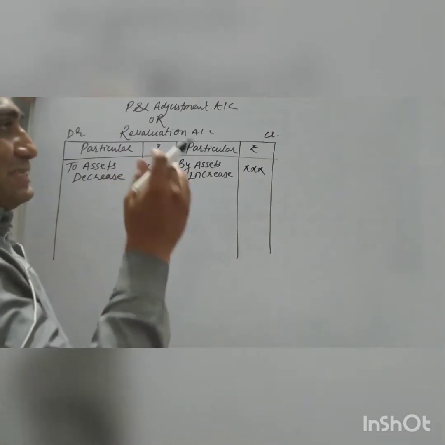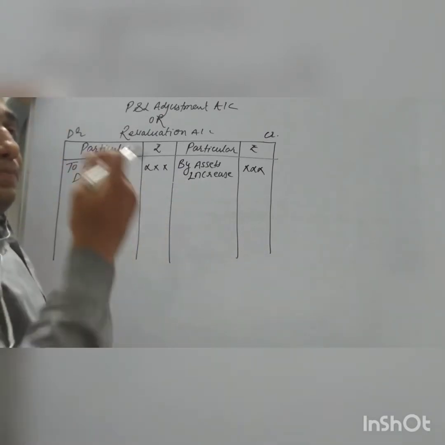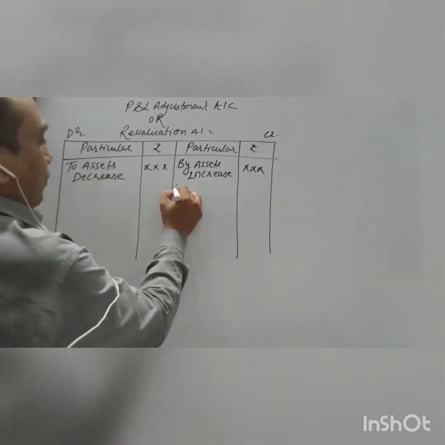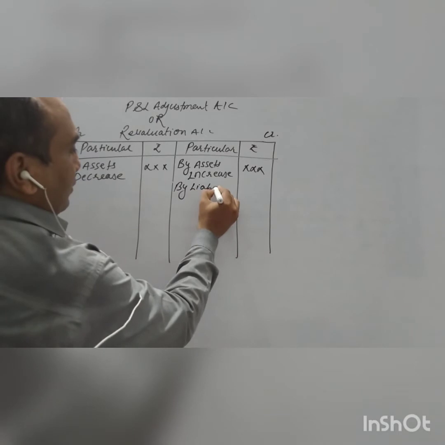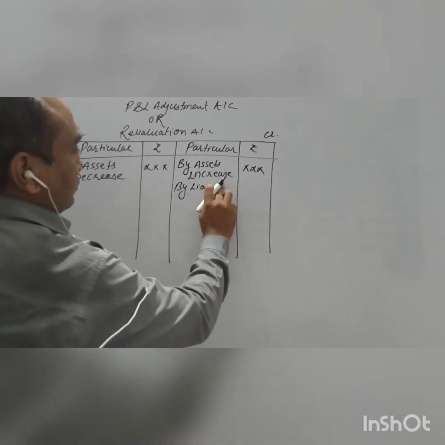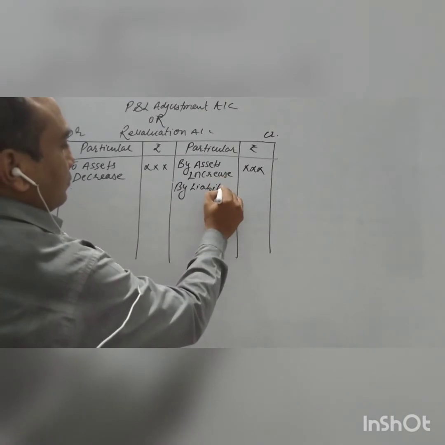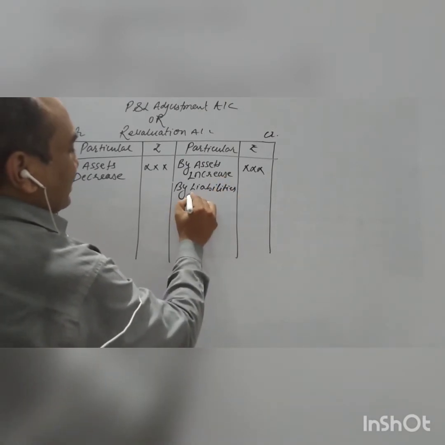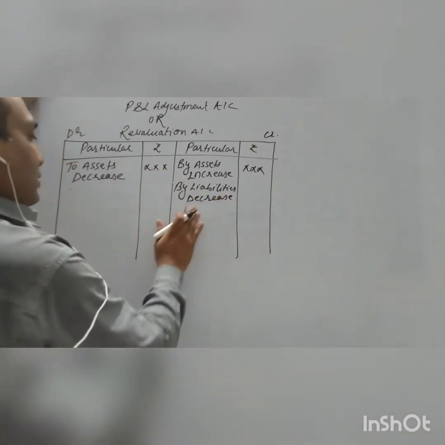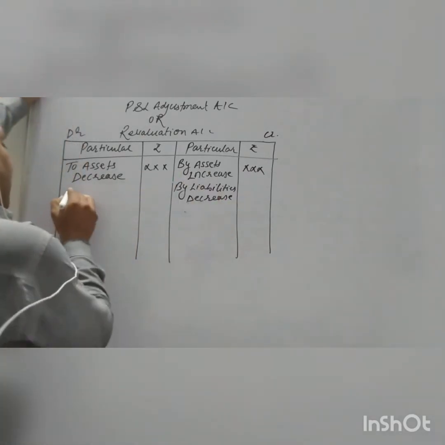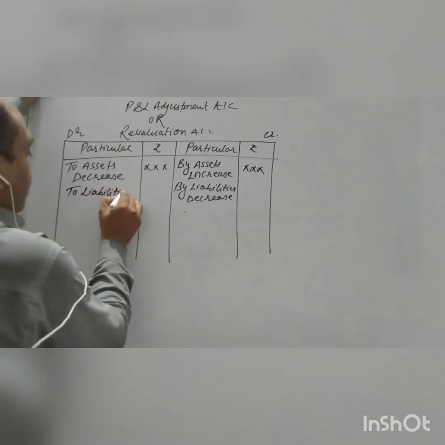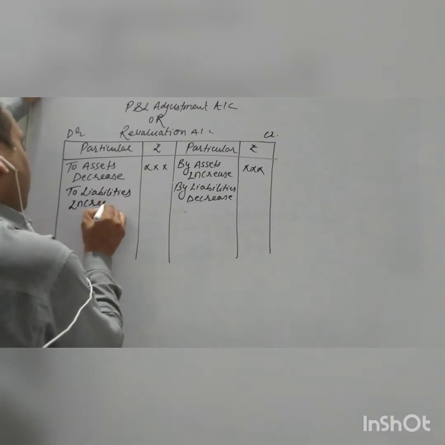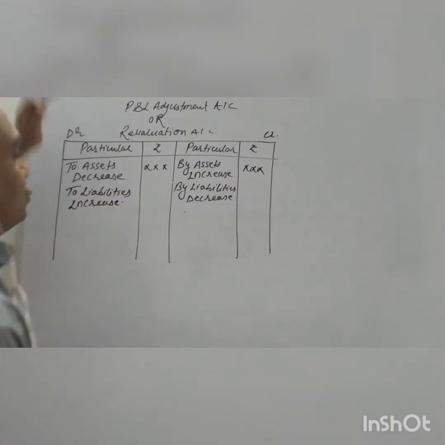If liabilities are decreasing, that means I'm getting a profit, so I'll post it over here by liabilities decrease. Sometimes liabilities increase, then we post on the debit side.